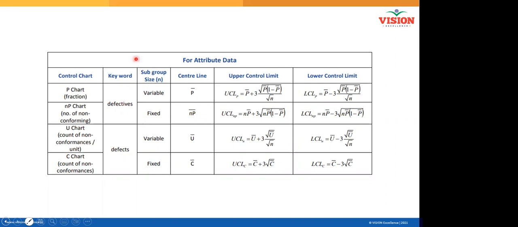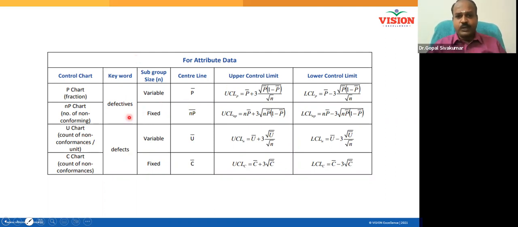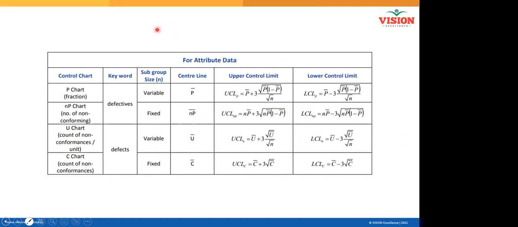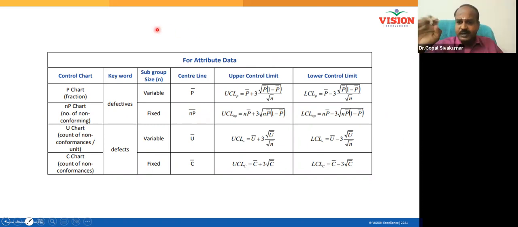Right? And now for defectives, you have P chart. Now subgroup size is an important parameter. If the subgroup size is fixed, you should go for NP chart. Subgroup size is fixed, which means every single shift you go for sampling and you take 10 samples and come back. Now, what is your subgroup size always? You are collecting 10 samples every single shift.